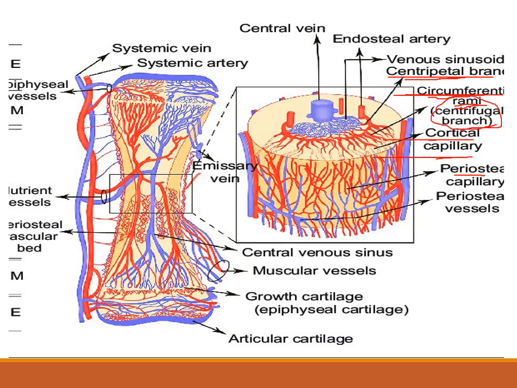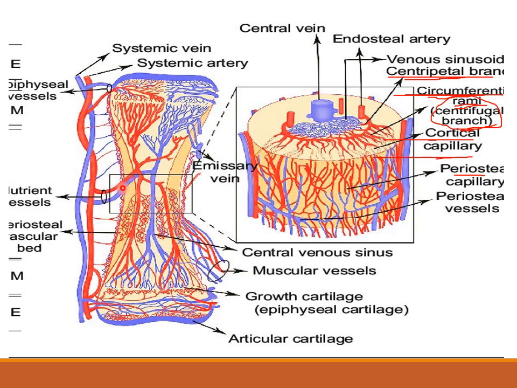These cortical capillaries are the branches from the circumferential rami. They move towards the periphery and anastomose with the periosteal capillaries. Here they show the centrifugal type of blood flow.